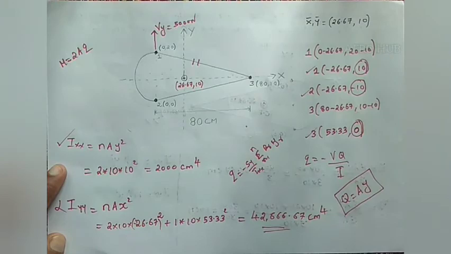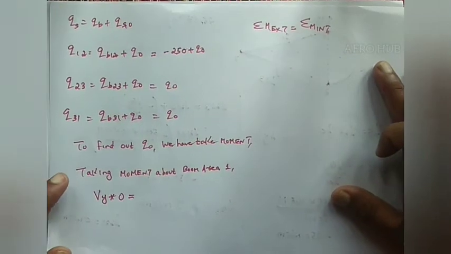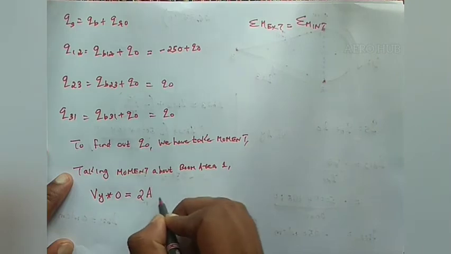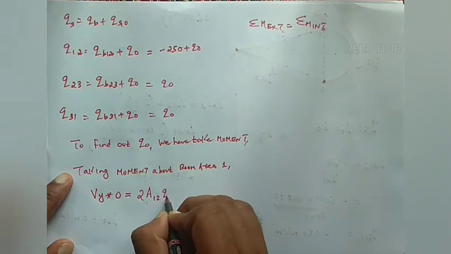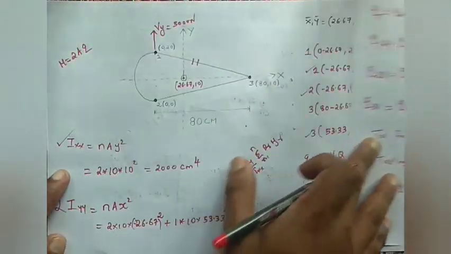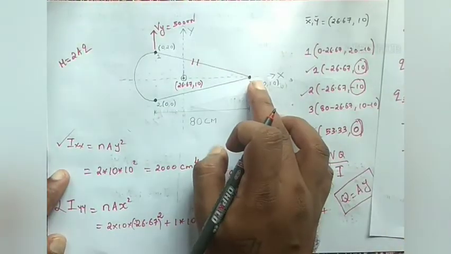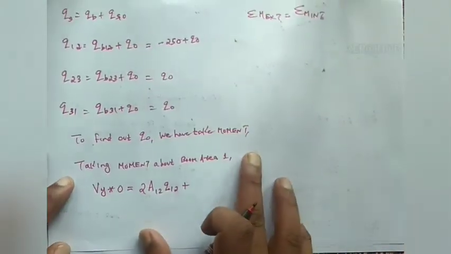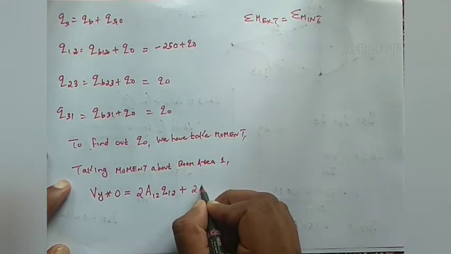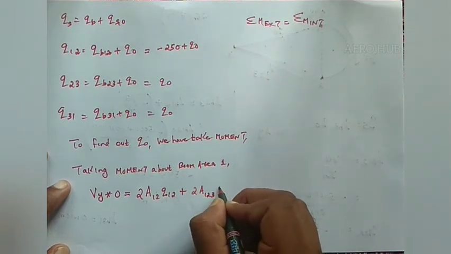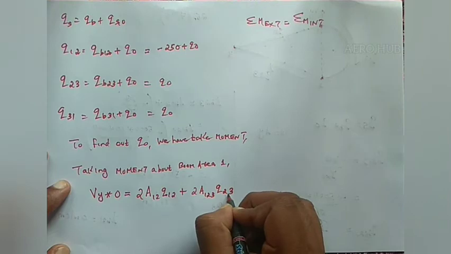So I will be writing 2A12 Q12 plus, now we have to consider the portion 2, 3. It will be 1, 2, 3. So the area will be 2A123 Q23.